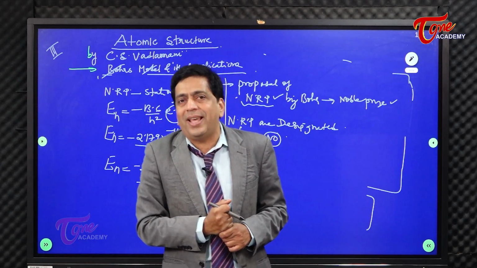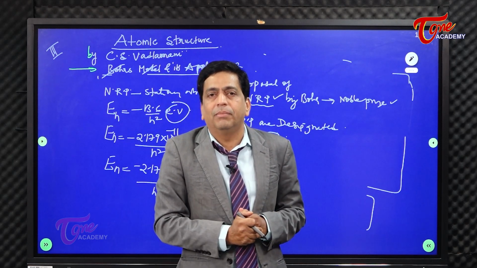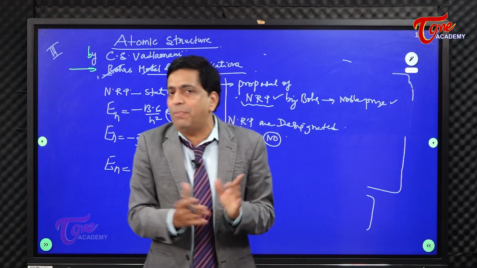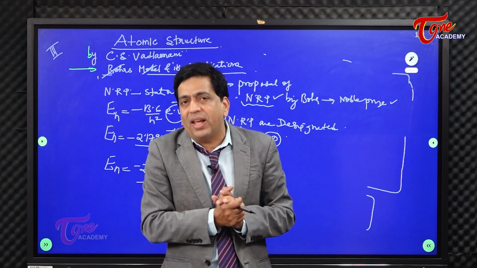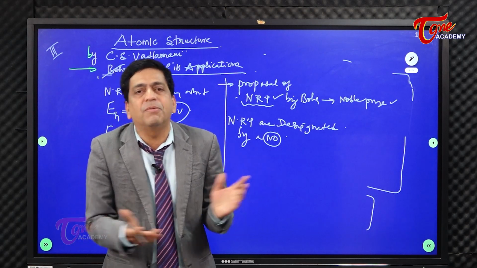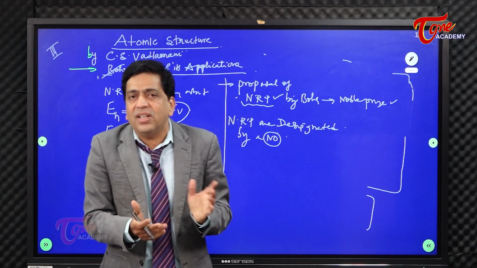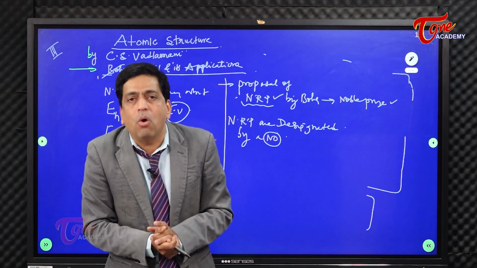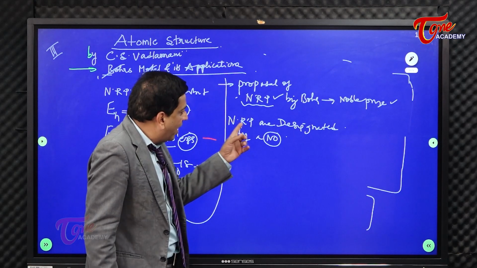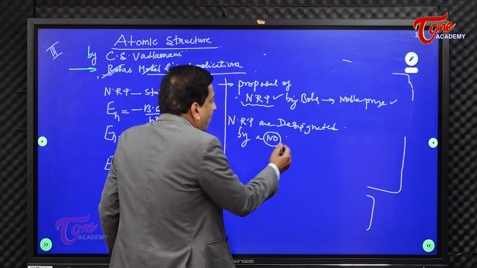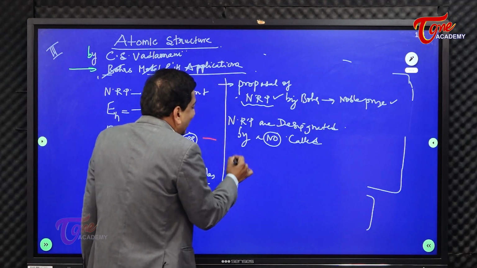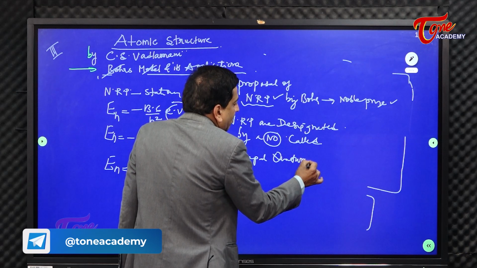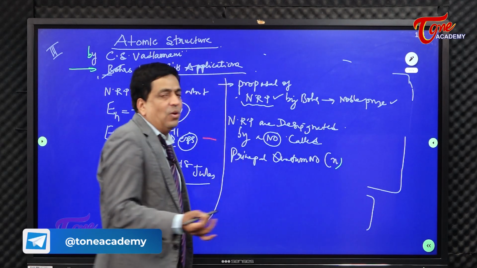Similarly, if you wanted to say that the electron is in the shell, because in Bohr's theory, except shell there is nothing, except orbit there is nothing, except non-radiating path there is absolutely nothing. You need to give an identity. As I said, shell is Mumbai. Mumbai has a pin code. Similarly, I can simply say that the NRPs are designated by a number, and this is called basically the principal quantum number n. You must understand.